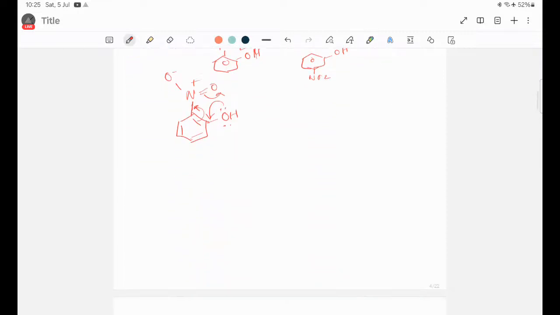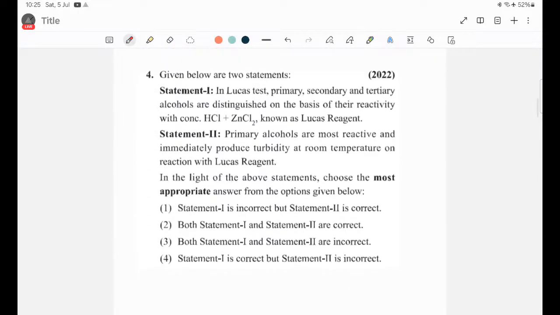Okay, now I am moving to the fourth question. I think now it will be a bit clear, because now the signal strength is showing better.